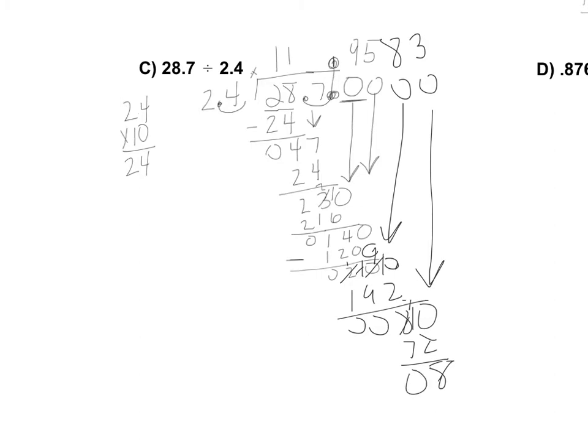And we have 8 again. And this is where we would just end up repeating ourselves forever and ever, as that becomes 80 again. So we can just put a little line over here for infinity. So our answer is going to be 11.9583 continuous.